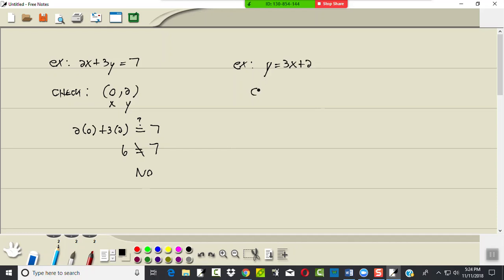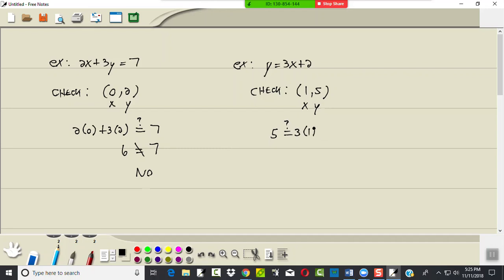If I had another one, I'm checking 1, 5. Well, again, if I plug this in for x, I plug this in for y, I'm going to have 5, where that's not equals at this point, it's a question mark. We're wondering if that's true.